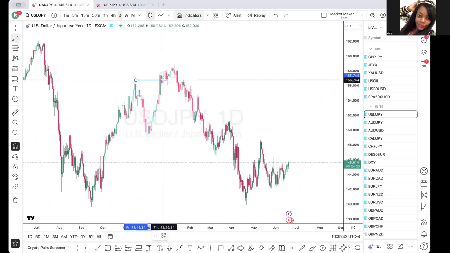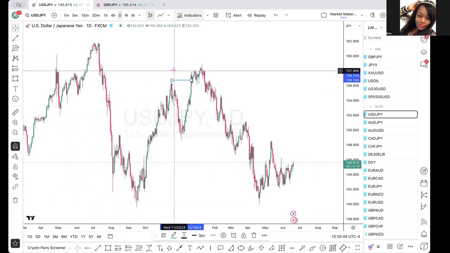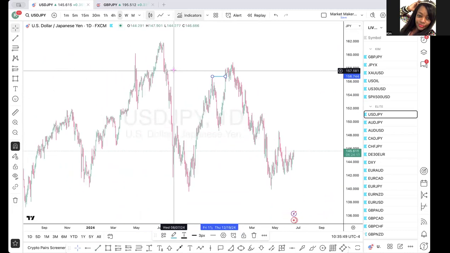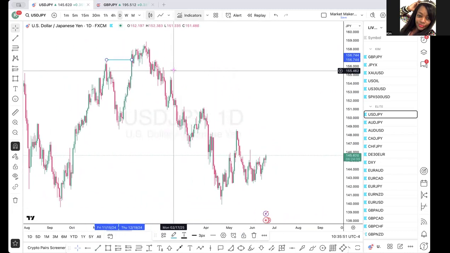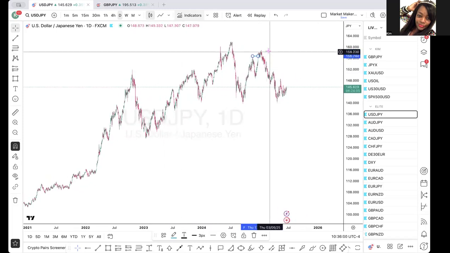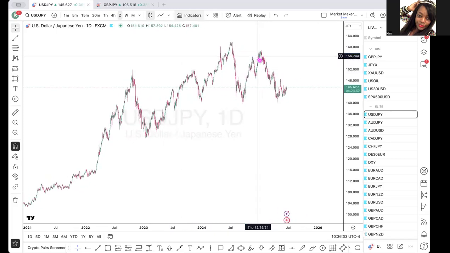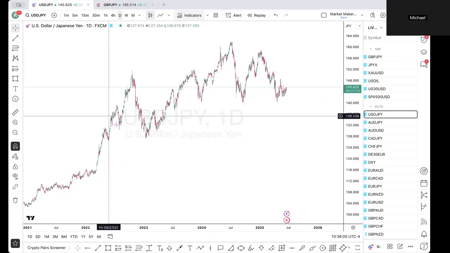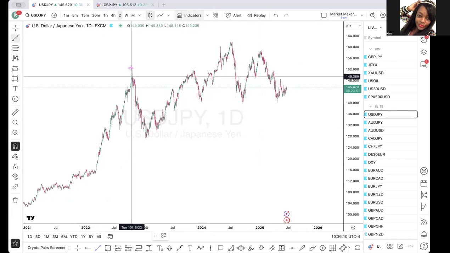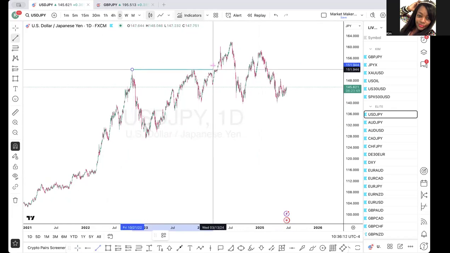Okay. So we had a break of structure here. Now when I look at the full picture, this was my high at some point. It did not break structure till over here.